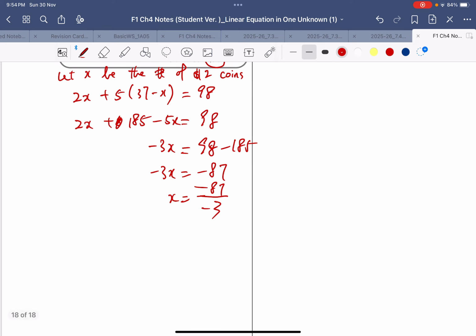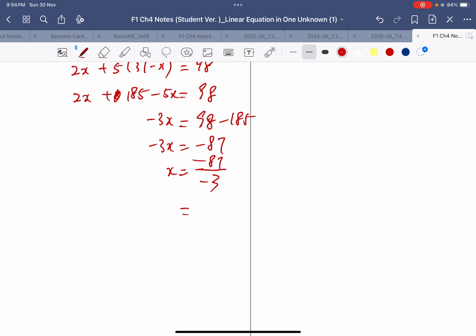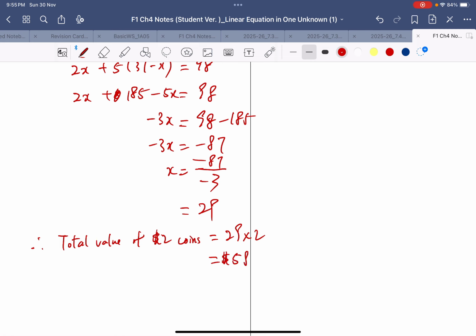Like this. Simplify it. 29. And that means 29 $2 coins. And the total value of $2 coins is equal to this, 58.